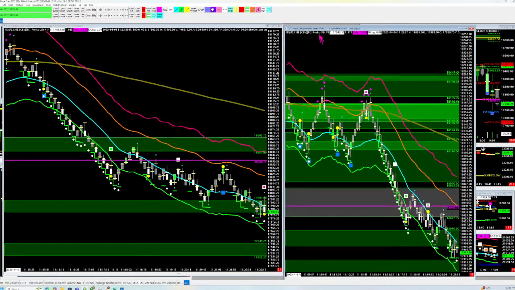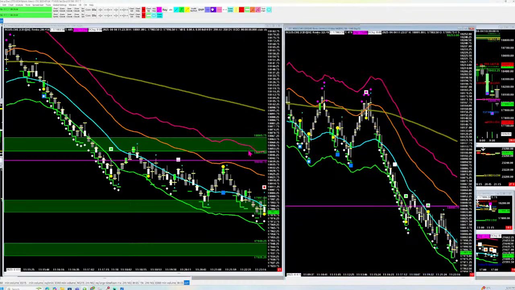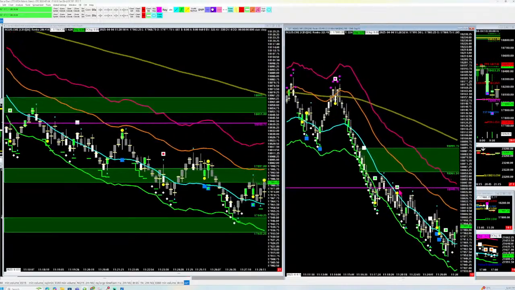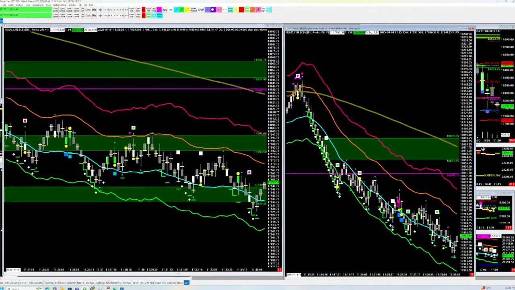For example, I'm going to erase this stuff now because even the hourlies aren't giving me the information. Now it comes to this. I've got to get above this. This.